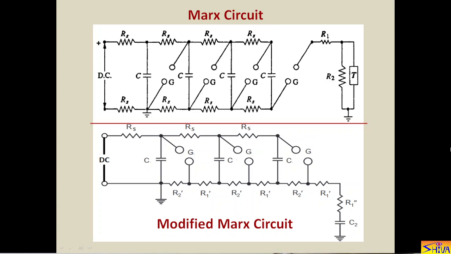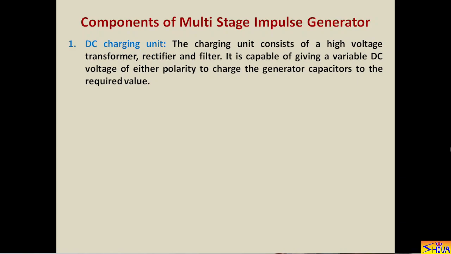Now let us see details of all these components of the multi-stage impulse generator. First is the DC charging unit. The charging unit consists of a high voltage transformer, rectifier and filter, so that we can generate DC voltage of desired magnitude.